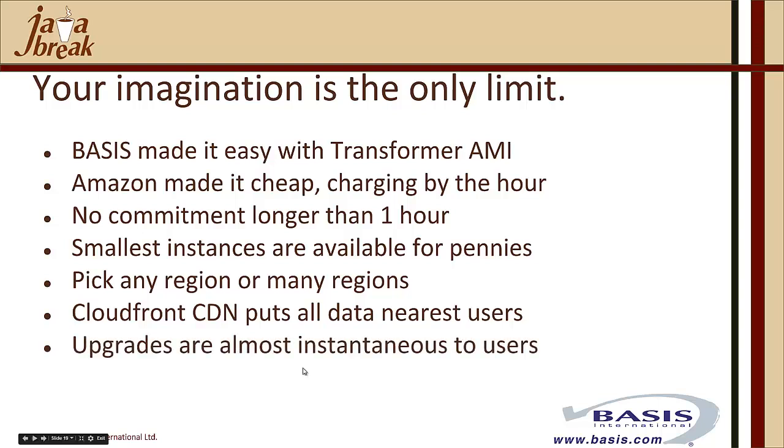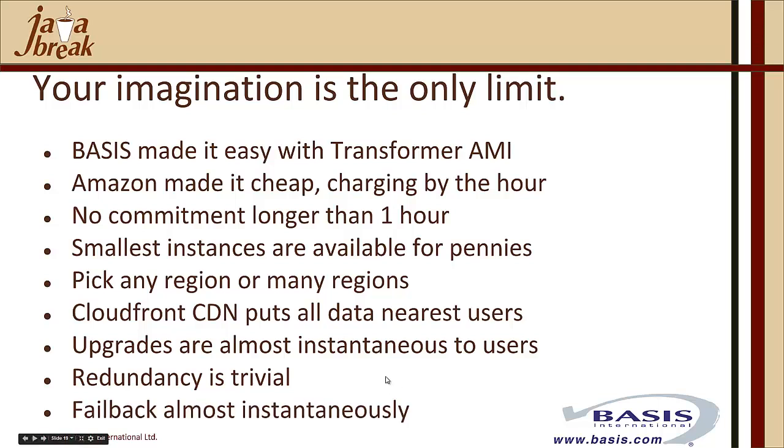Upgrades are almost instantaneous to users when you're up in the cloud, and I'll go into a little bit more detail about that in the next couple of slides. As you can imagine, after looking at those 40 to 50,000 servers in one single location, redundancy is trivial. And of course, failback is almost instantaneous. We've all attempted an upgrade of something somewhere in our lives and found out that it wasn't quite right, and we needed to fail back.